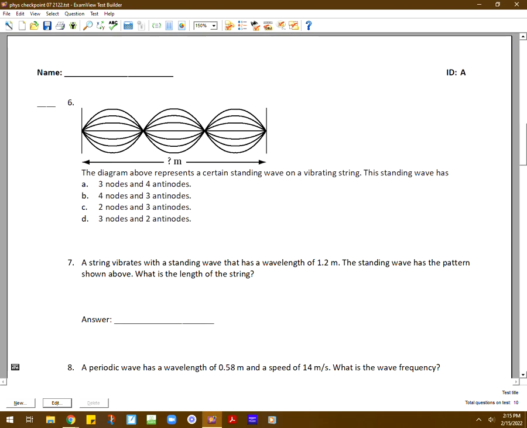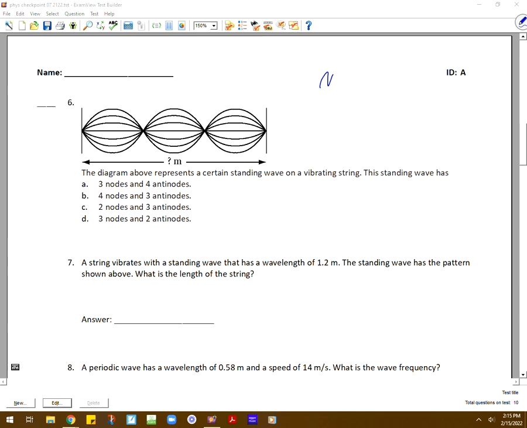We're back with this guy again. And this just has more to do with terminology than anything else. It wants to know how many nodes and antinodes. So a node is a place where there is no movement from an outside observer. So that's a node, right?